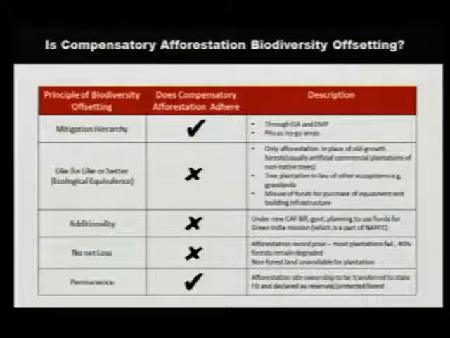Does it adhere to the like for like or better principle? Unfortunately, it does not. The only conservation activity that is mandated under compensatory afforestation is afforestation. And even if you are degrading a wetland, totally draining a wetland, or destroying a grassland, you will go and plant trees.